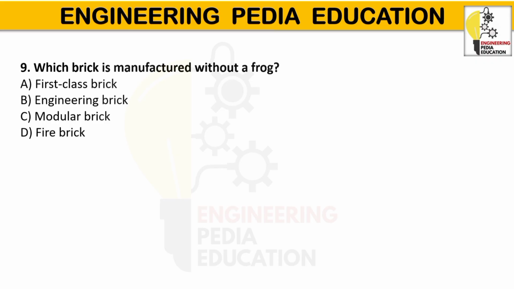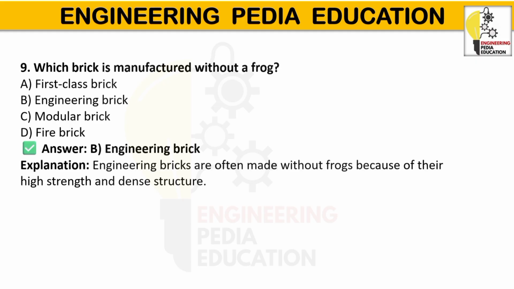Which brick is manufactured without frog? First class brick, engineering brick, modular brick, fire brick. So the correct answer is engineering brick. Engineering bricks are often made without frog because of their high strength and dense structure.